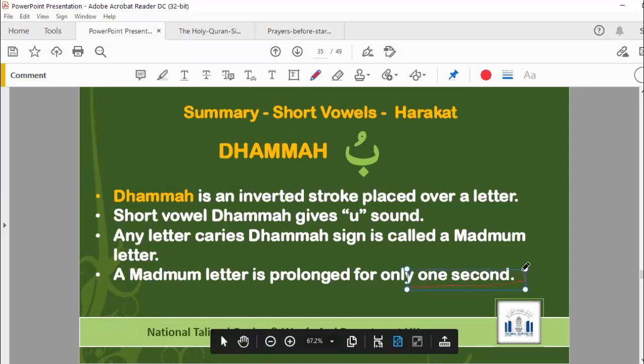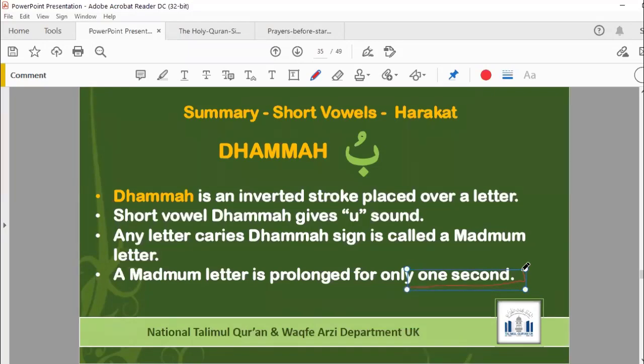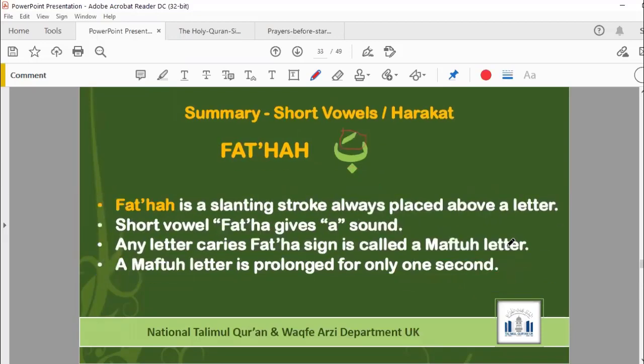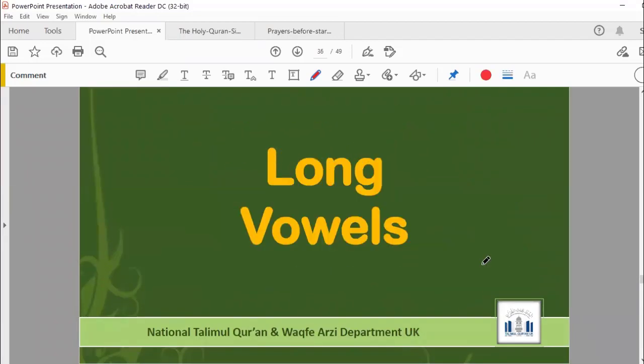Then it will be, yes, two. So if I say mim maftuh, how will you pronounce it? For 1 second. And what will be the sound? Ma. Brilliant. Thank you very much, sir.